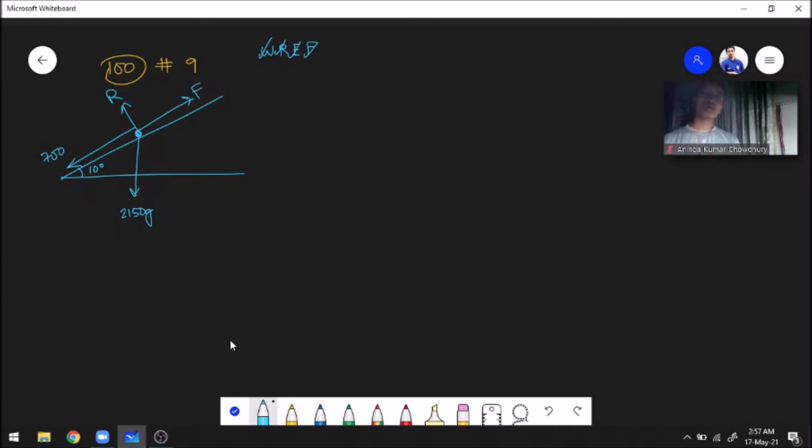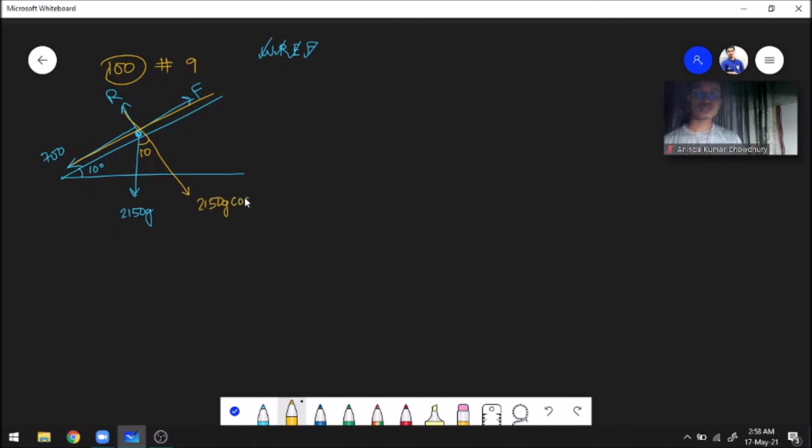That's all. Now what we have to do is break the forces into components, along the plane and perpendicular to the plane, as we know. We have our R, F, and 700 already aligned along our yellow lines. The only force that is not aligned is the weight. This angle is 10, this is 80. We have to break this weight, 2150g.